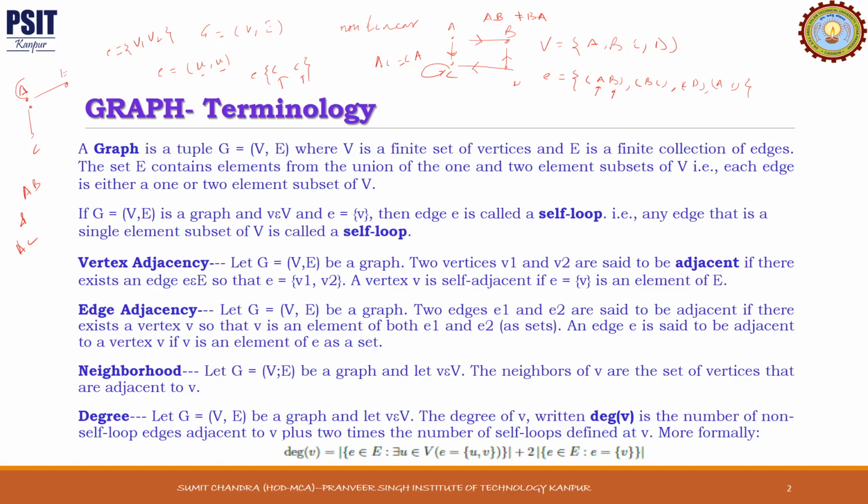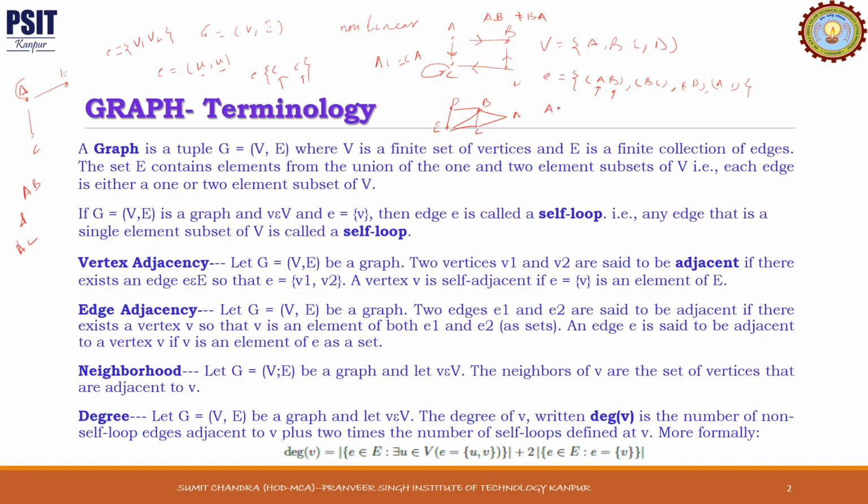Now neighborhood or adjacency list means the set of vertices which are adjacent to a particular vertex. For example, if we take a graph like this, for every vertex we can have an adjacency list or neighborhood list.